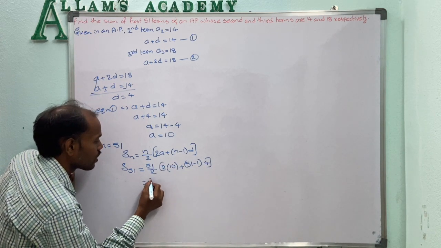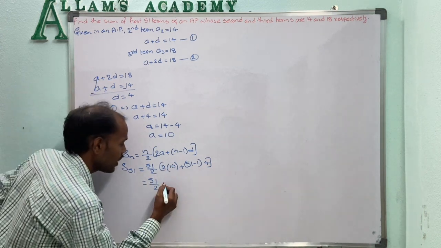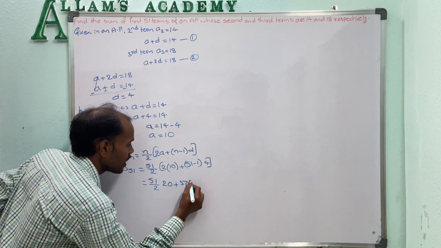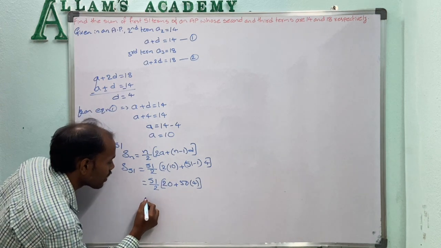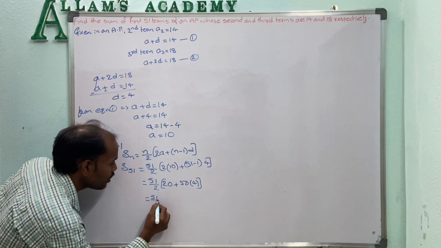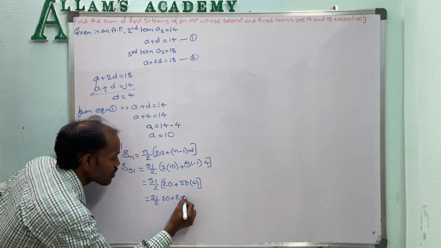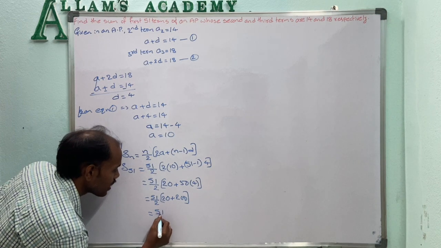So that equals 51 by 2 into (2 tens are 20 plus 50 into 4, which is 200). So 51 by 2 into (20 plus 200). So 200 plus 20 is equal to 220.